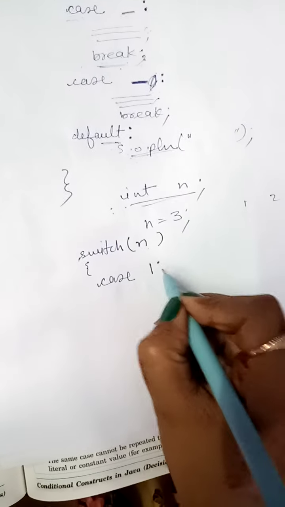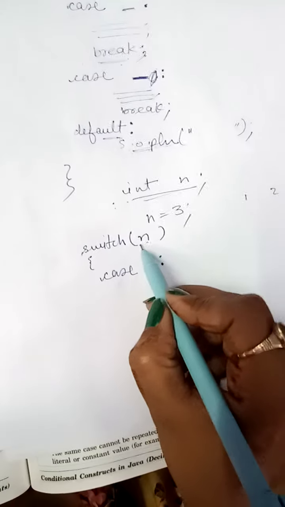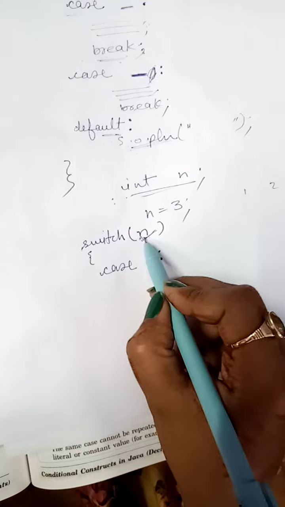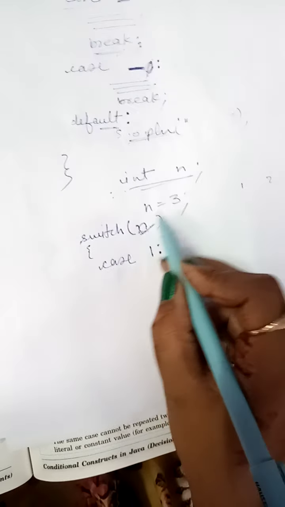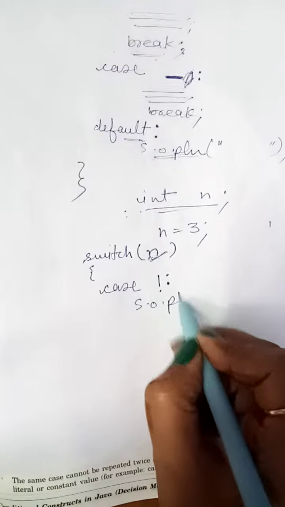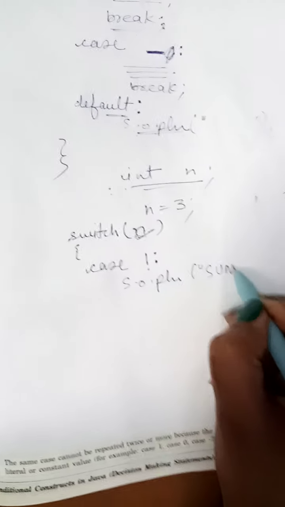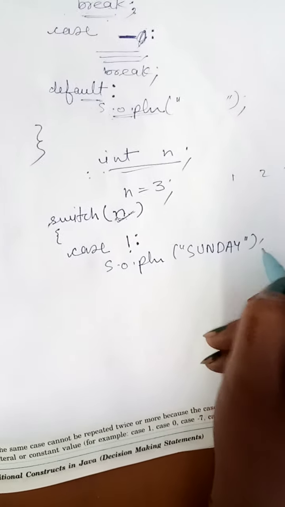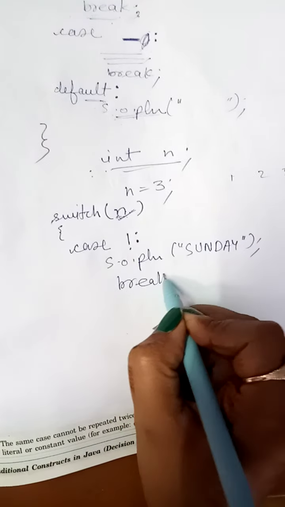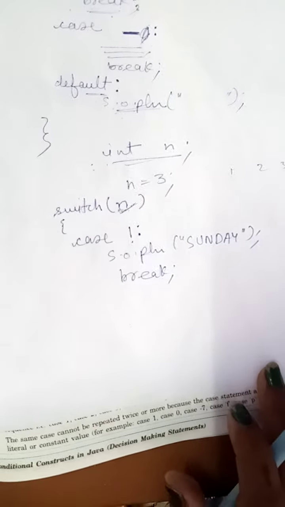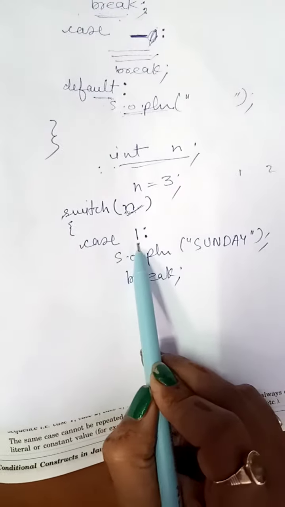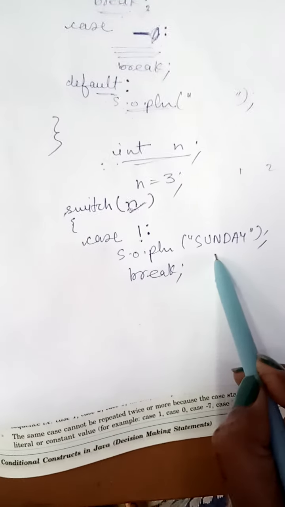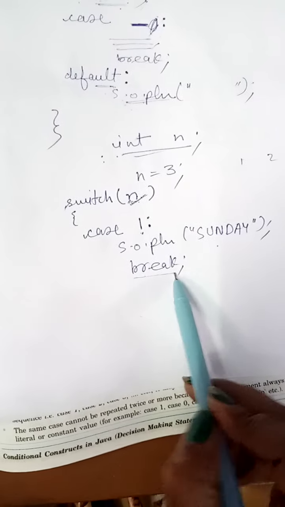So case 1 means the value of n is checked. If the value of n is 1, then you write System.out.println("Sunday"), then break. You need to do just this much. If the value of n is 1, you print Sunday. That's it, break.